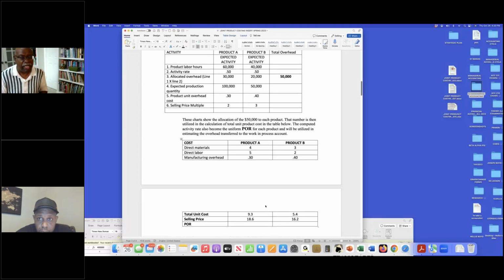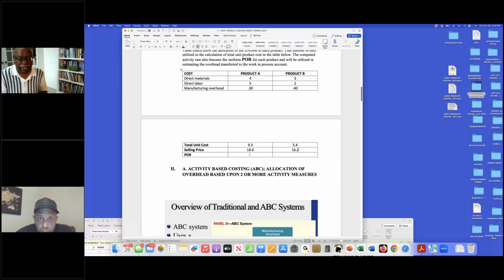That activity rate is going to become the POR. Once you calculate the activity rate, it becomes the POR for both books. So that makes our process easier. Our activity rate is always going to equal our POR. That's correct.